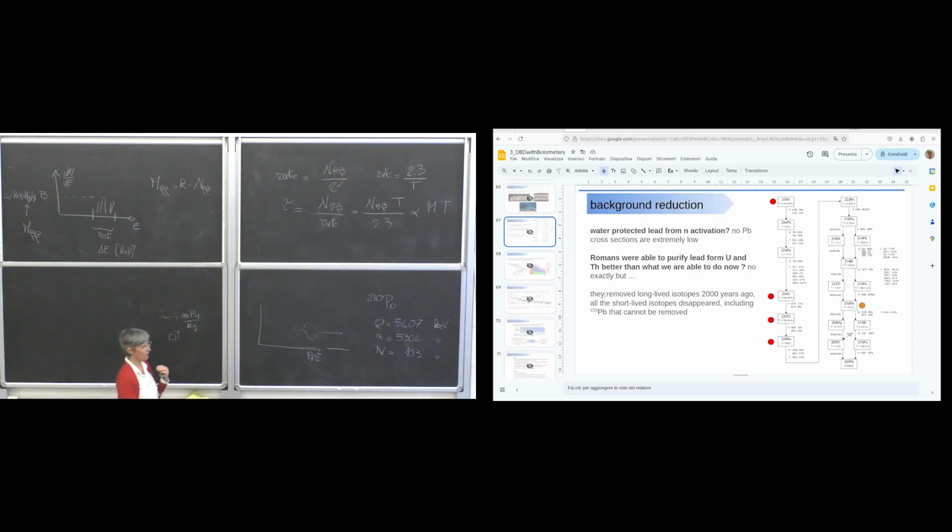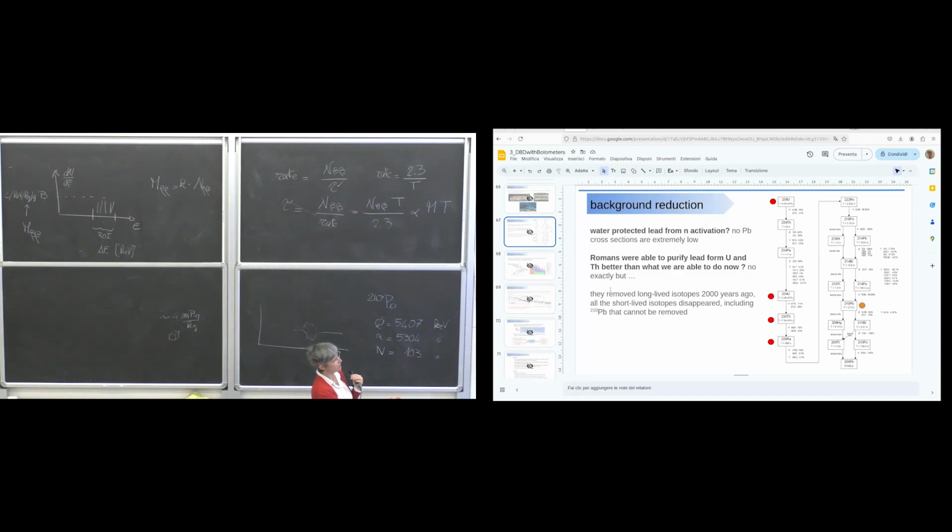Moreover, you see, there are no gamma rays. Okay, you have two branchings in the decay of lead 210. This is a very low branching ratio, so just look at this decay chain.